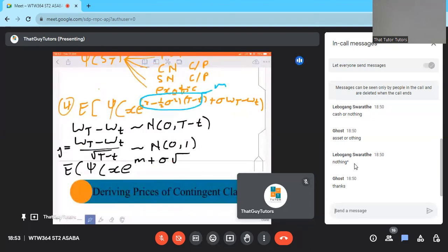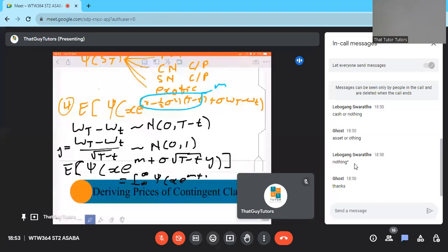So basically this is the integral from negative infinity to infinity of psi of x e to the m plus sigma square root of t minus t times y, times f of y dy. So this is what you will need to solve.